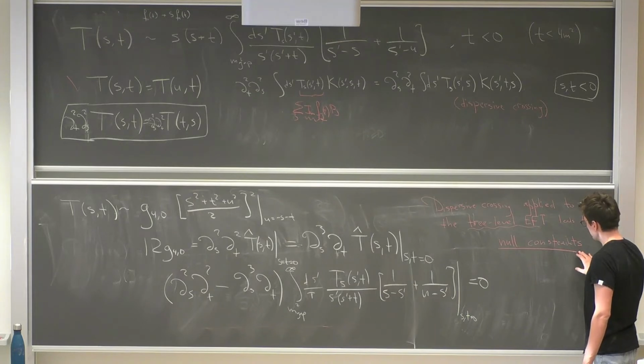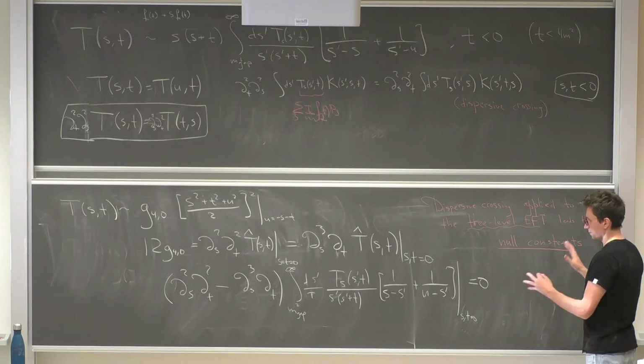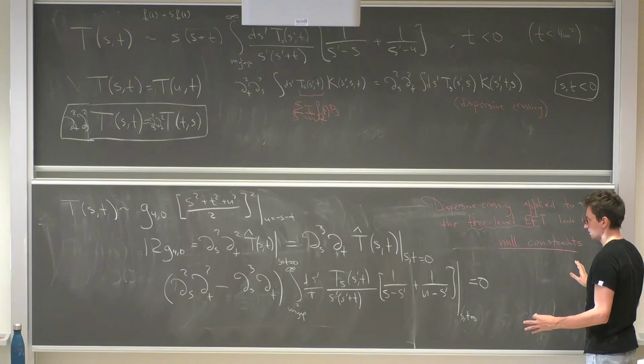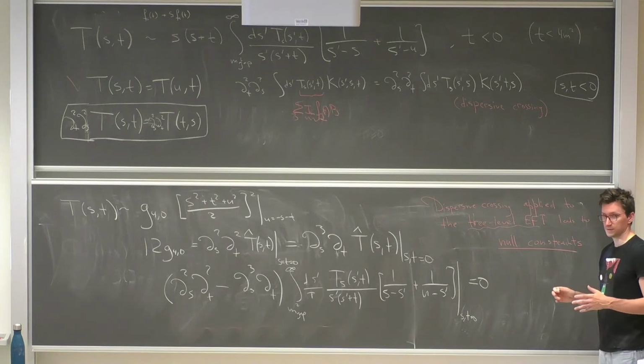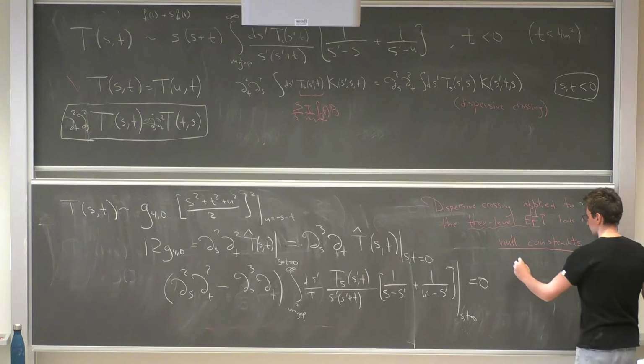Now, the punchline, if you combine all this geometry together, you see that these Wilson coefficients that appear in the EFT are bounded, there are two-sided bounds.